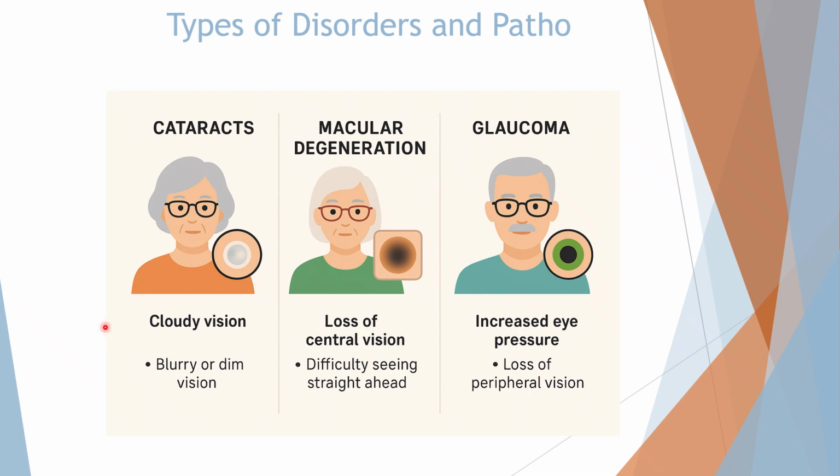Causes for cataracts, and we'll go back over this now. So causes for cataracts can include aging process, could be hereditary, can also be secondary to diabetes, UV light exposure, or medications. Macular degeneration can be age-related.